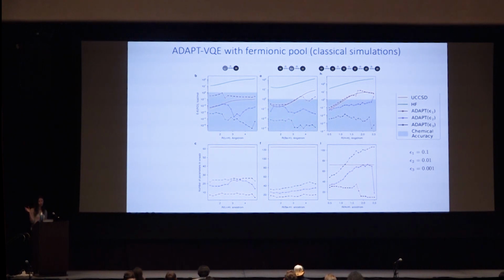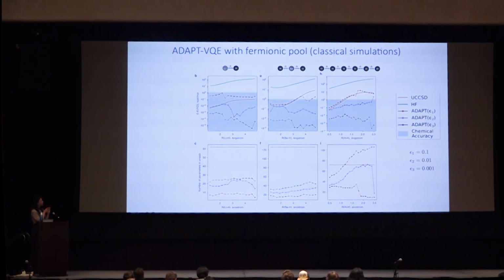So in the top plot, we're plotting the error from the exact solution. All these are small enough systems, so you can solve them classically. And you can compare, if you run this algorithm, how well does it do compared to the exact solution. The y-axis is the logarithmic scale. And on the x-axis, we have the interatomic distance.